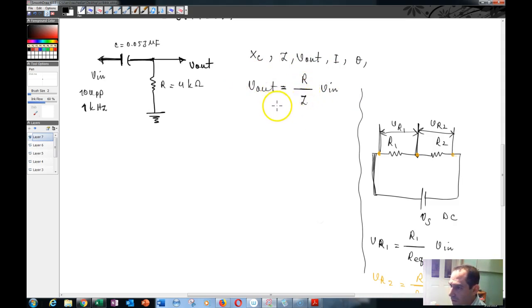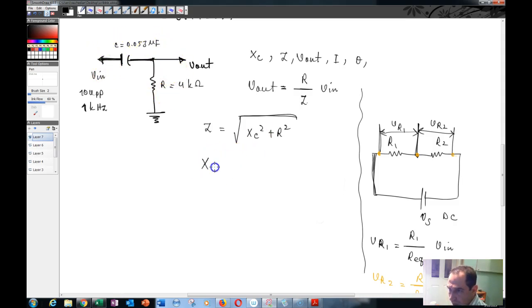Your Z over here, in these RC circuits, is equal to the square root of X of C squared plus R squared. Okay, so that's your Z. And X of C in these circuits is the reactance of this capacitor, and reactance is basically another name for the resistance that this capacitor has in this AC circuit.